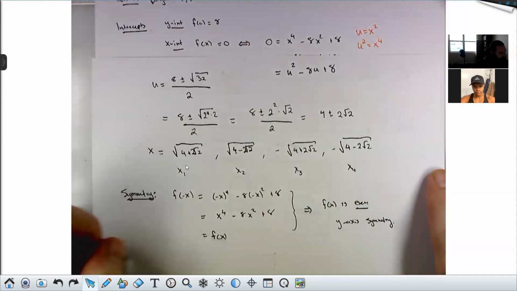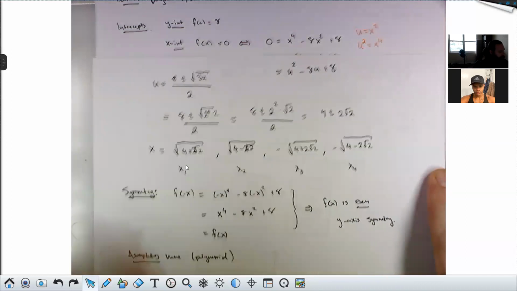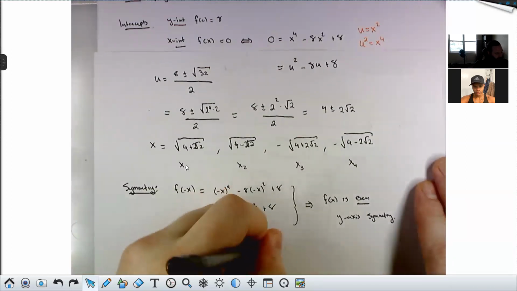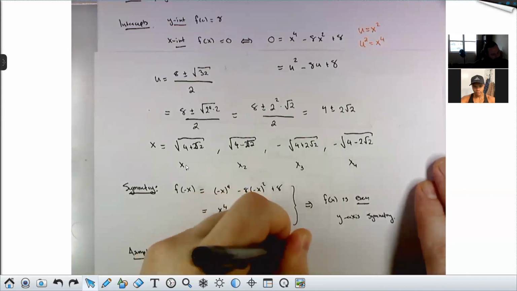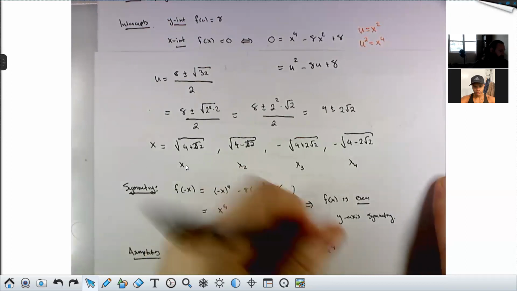From there, asymptotes, it's a polynomial, so there are no asymptotes. But we know what the end behavior is. So the lead term in this polynomial is x to the 4.